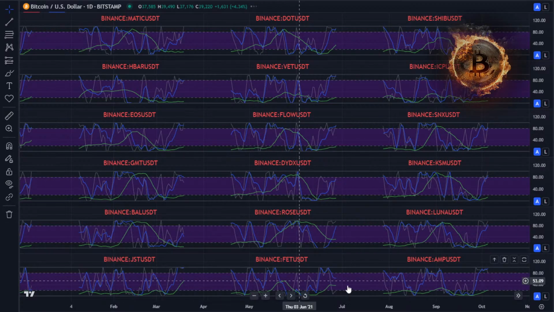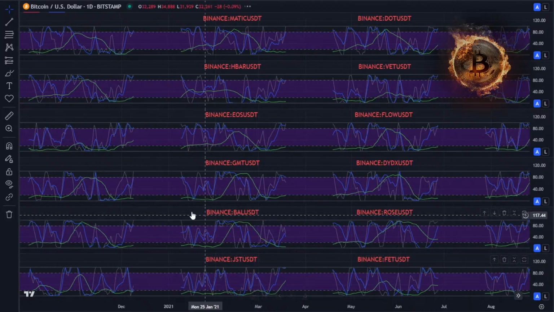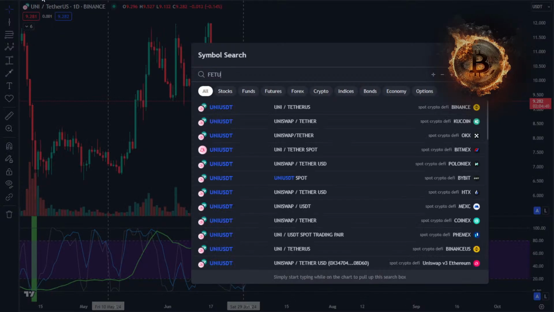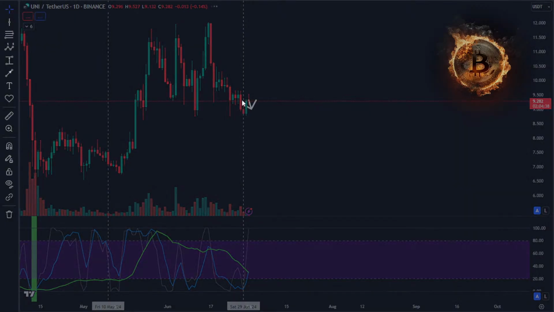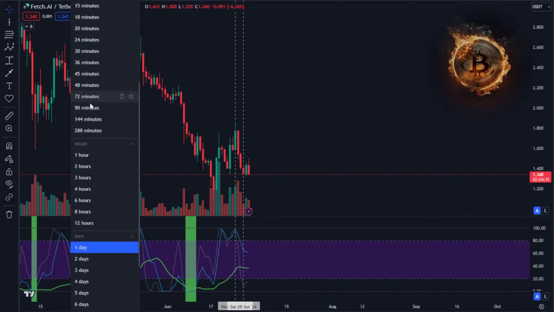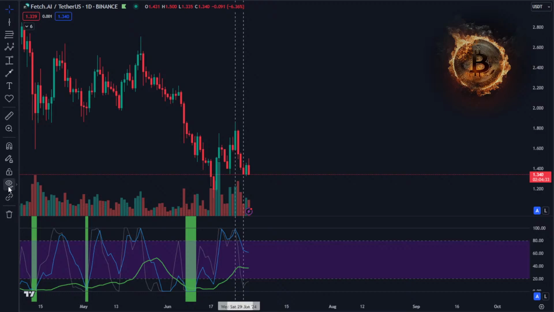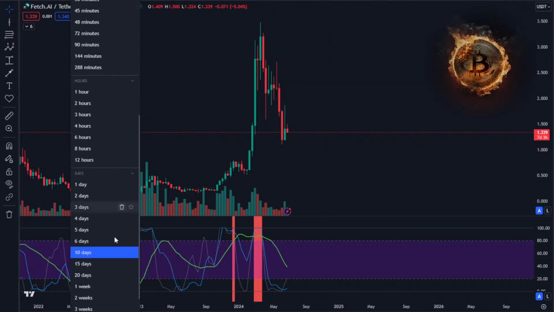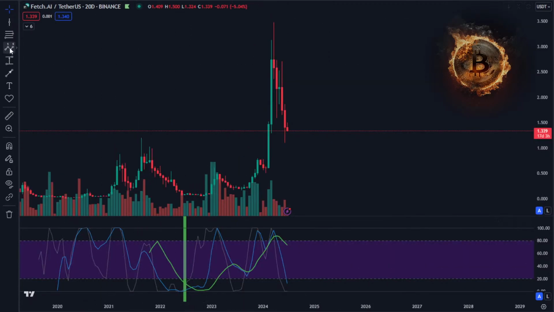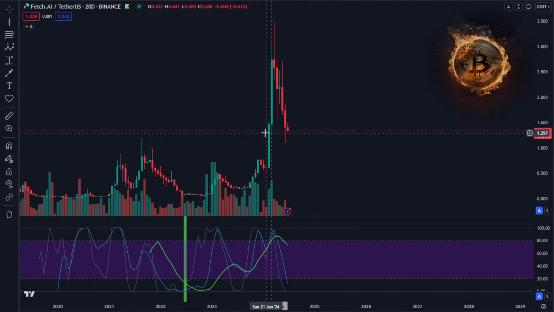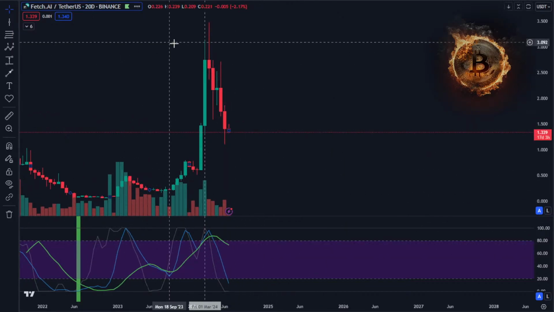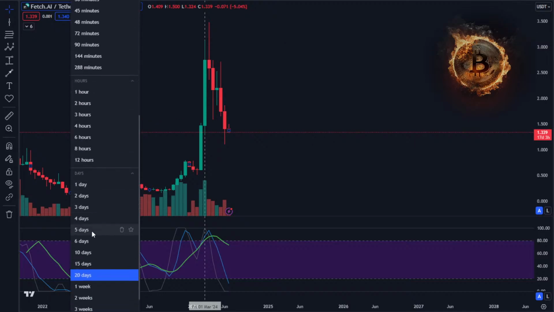We have FET faking down here, so going to FET. Marking the beginning of this one to analyze this wave down, then zooming in on the 2-day.